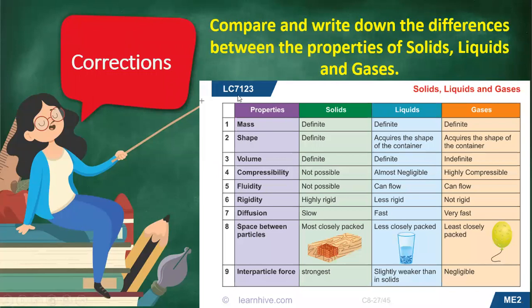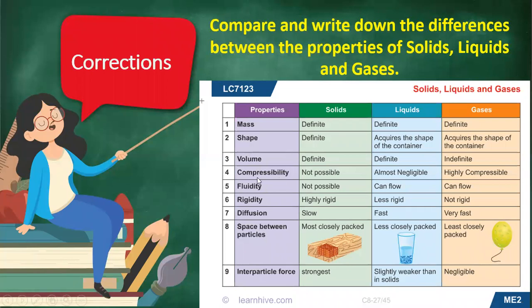Okay, so if you look at the table on your board, I want you to take note that there are roughly 9 different properties that we are going to go through in this lesson. The first one has to do with mass. The second has to do with the shape. The third has to do with the volume.